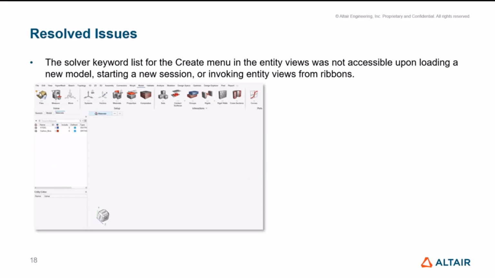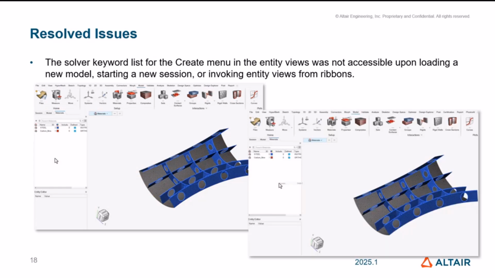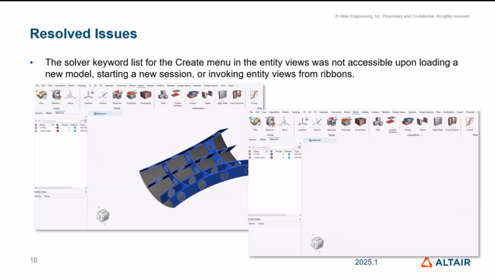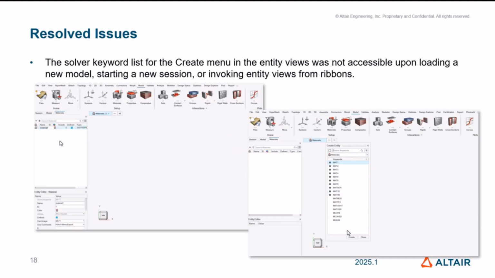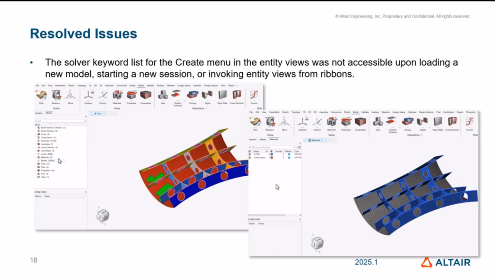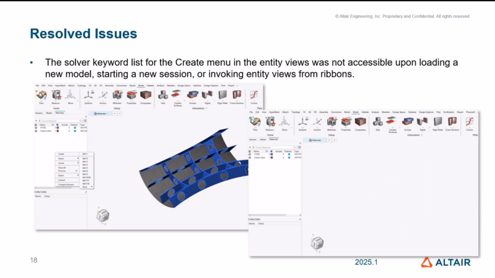So you can see here that I was in material view, and just when I pressed new session, I lost all the context menu that was listing the solver keywords. This was corrected thanks to the create dialog that made this flow consistent. So now even after I hit a new session or load a new model, or I come from the ribbons into my views, the flow is consistent enough to list the solver keywords. This issue was seen in all solver entity views, and the same is now not seen.